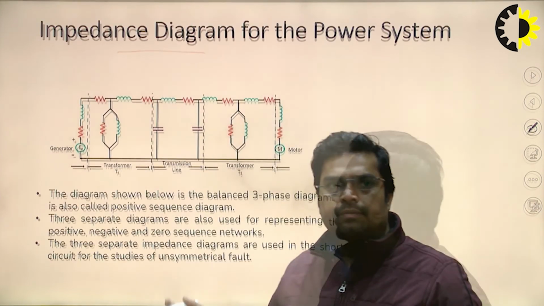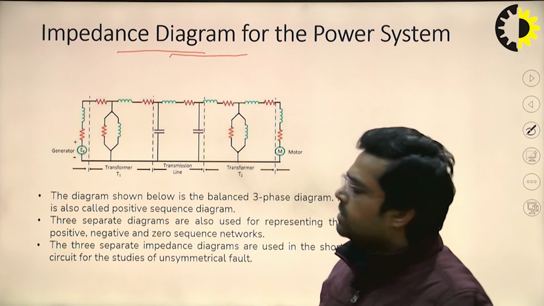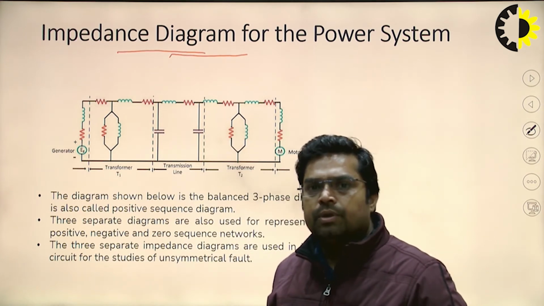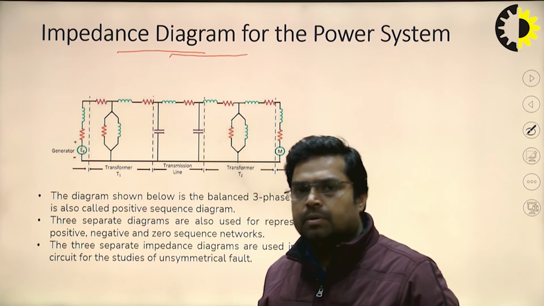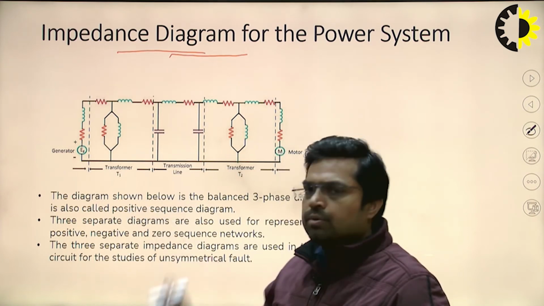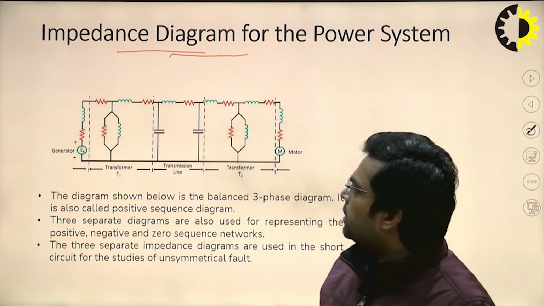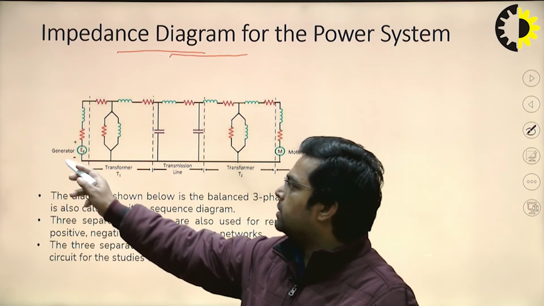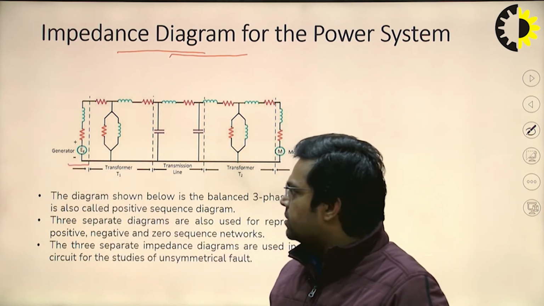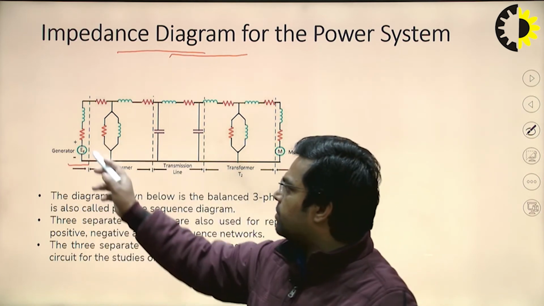Moving further about the impedance diagram. First of all, I will discuss how impedance diagrams are drawn in the power system from the single line diagram. So with respect to the previous single line diagram, we have one generator. In an impedance diagram, a generator or any rotating machine is represented by EG.